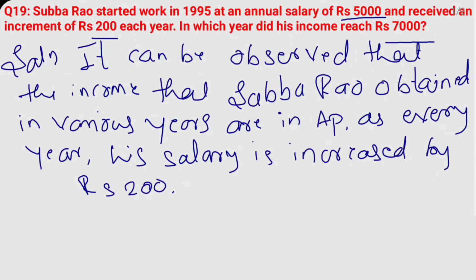Is it clear? So every year his salary increased Rs 200. It means his salary is in an AP. Is it clear? Because the common difference here, 200, is a constant. So that's why it is in an AP.